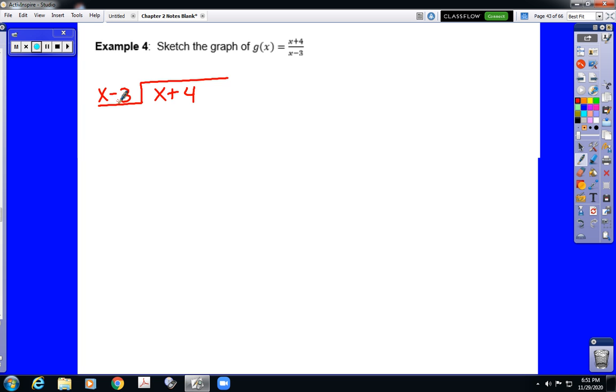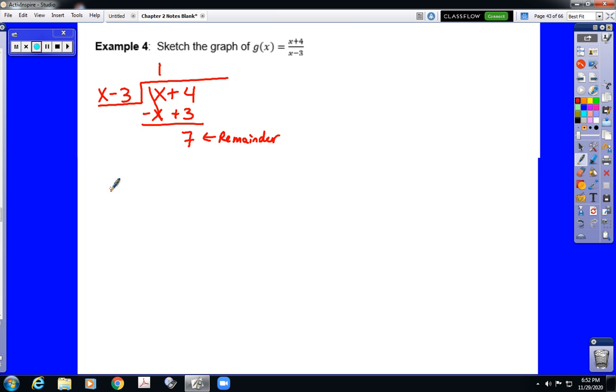When we do that, we ask ourselves, what do we need to do to x to turn it into x? Well, we don't need to do anything, so we multiply by 1. 1 times x is x, 1 times -3 is -3. Draw the line, change both signs, add down. We have a remainder of 7.